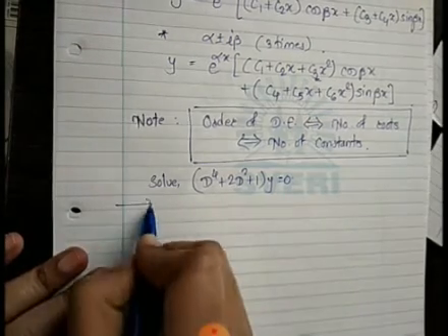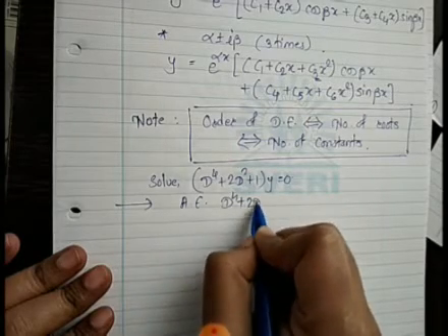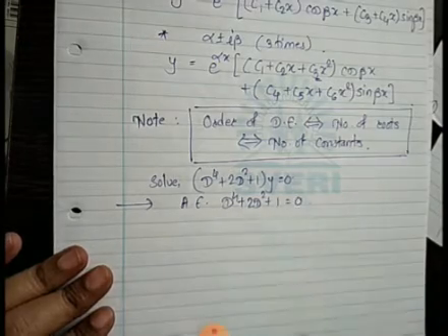So how do you solve this? First of all, write the auxiliary equation. D raised to 4 plus 2D square plus 1 is equal to 0.